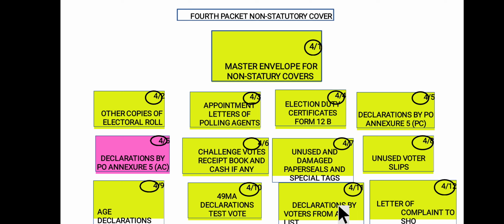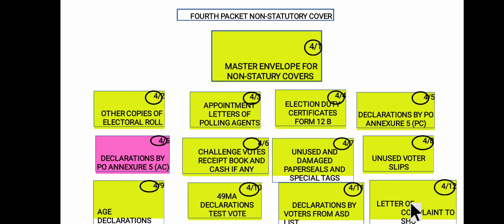So here, ASD stands for absent, shifted or dead list, followed by a letter of complaint to the station house officer if any unexpected or untoward incidents take place.